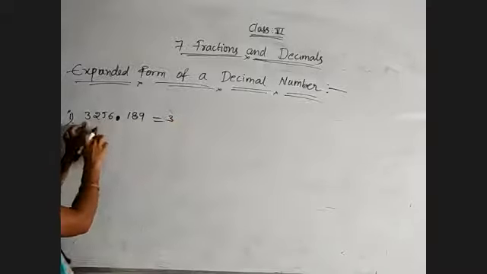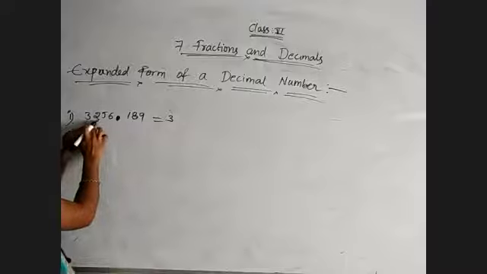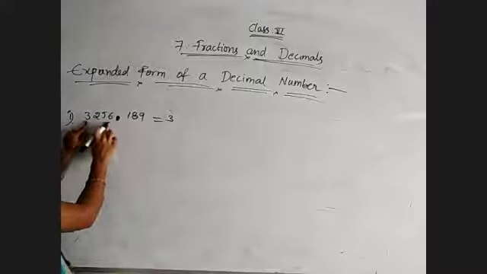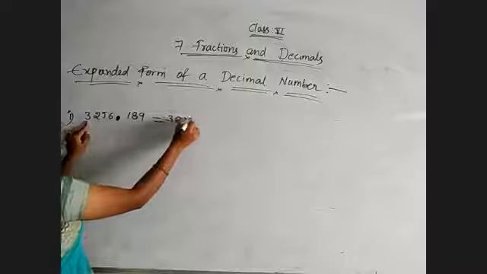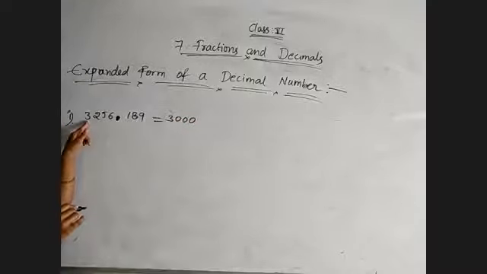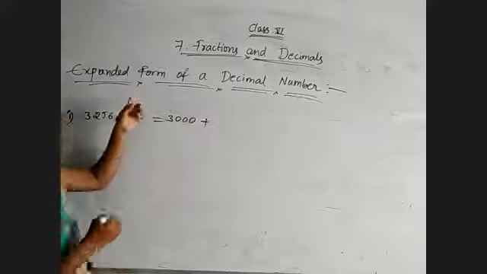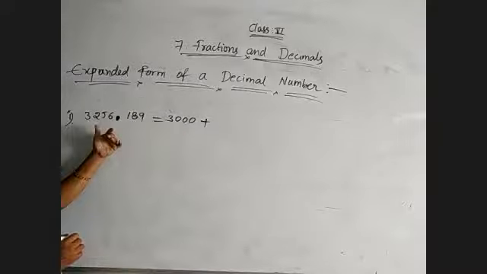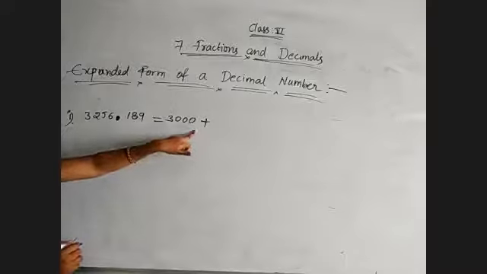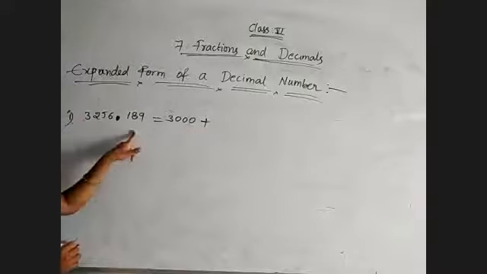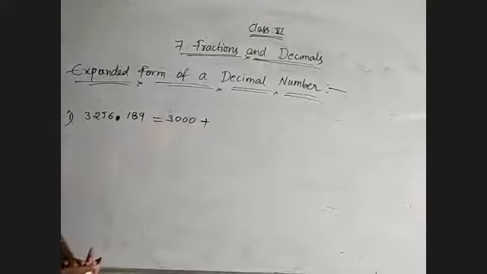Four digits are there. The first digit is 3. 3 is in the thousands place, which means after 3 there are 3 digits. Those 3 digits will become 0, because the place value of 3 is 3000, plus. Expanded form is nothing but expressing the number as a sum of the place value of each digit. After elaborating, I will give the definition.